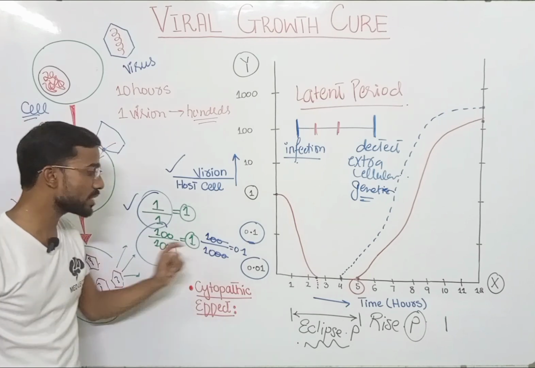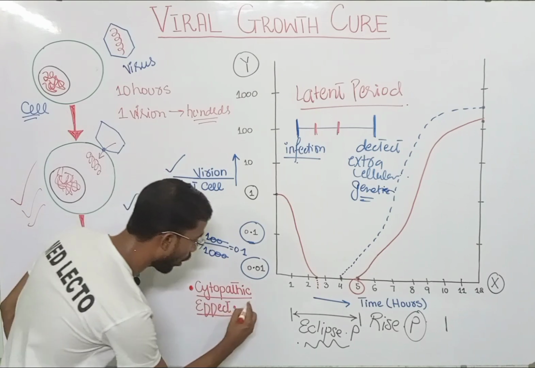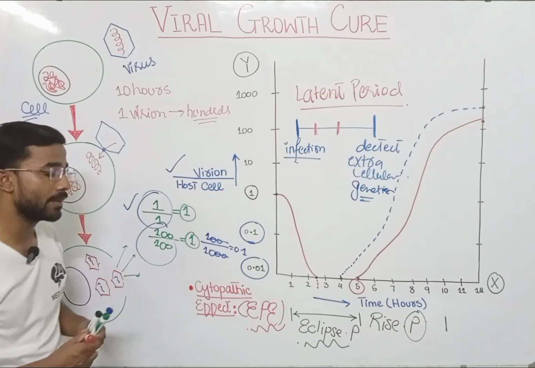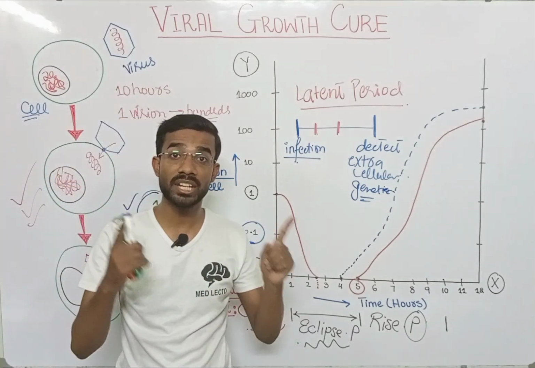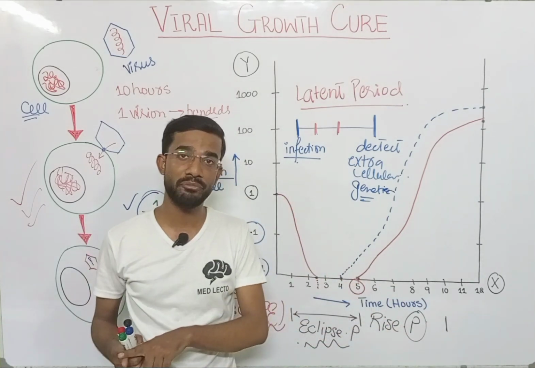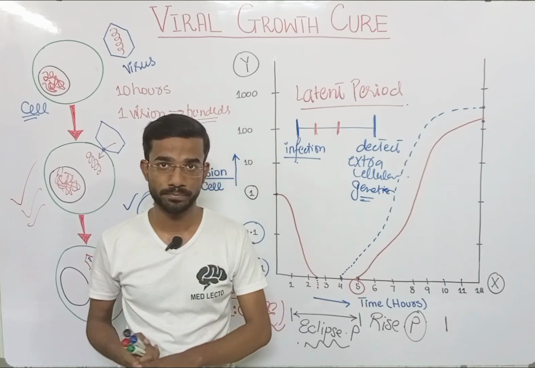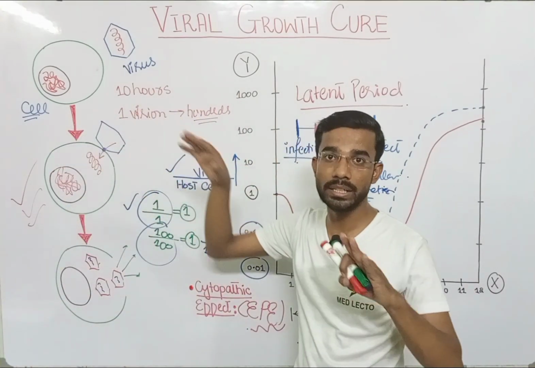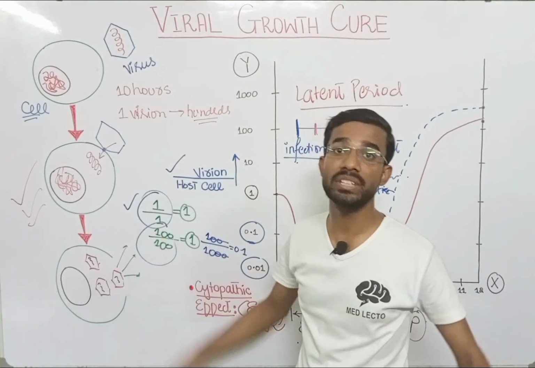Next, the most important thing to remember is the cytopathic effect, or CPE. This is the state in which you see a lot of morphological changes in the cell, and you can also see functional effects as well. When the virus enters the cell and takes control inside it, you will then see the rupture or lysis of the cell.